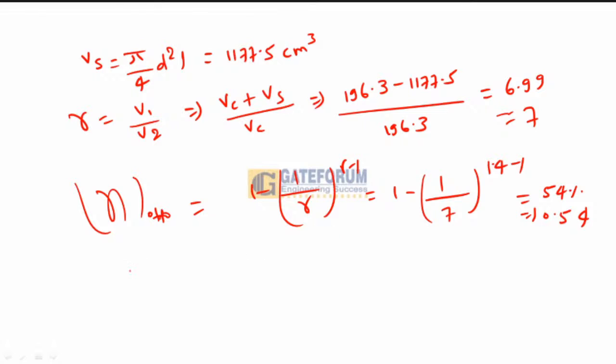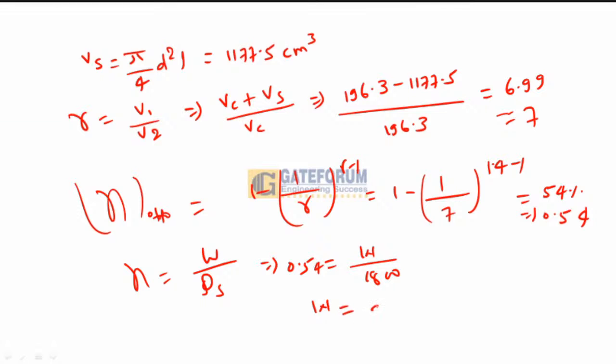Once you have calculated the efficiency, you know efficiency is W upon QS. So 0.54 equal to W upon QS, and QS is 1800. So my dear friends, you can calculate W, and this value comes out to be 973.08 kilojoule per kg. Hopefully you have got the question.